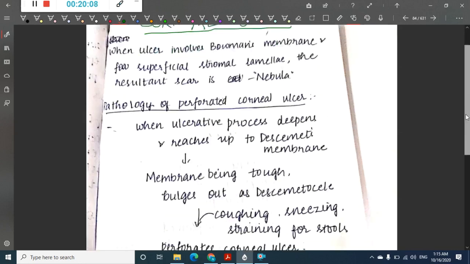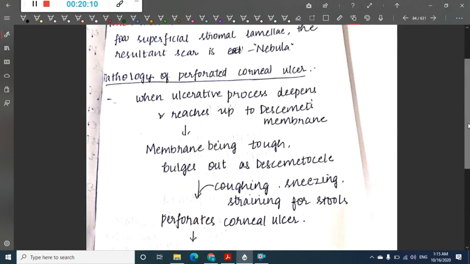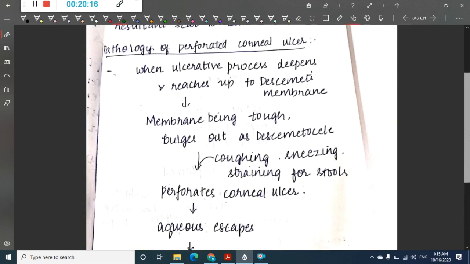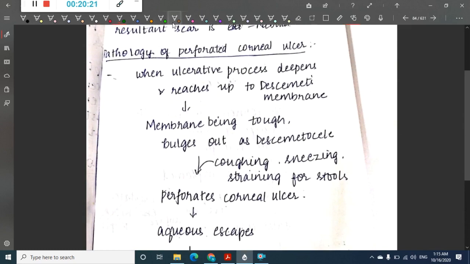Okay. So first we will see the pathophysiology of perforated corneal ulcer. It's simple. Whenever bacteria invade the cornea, there will be a breach in the epithelium of the cornea that results in ulcer formation, right?